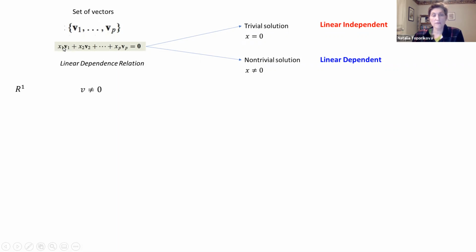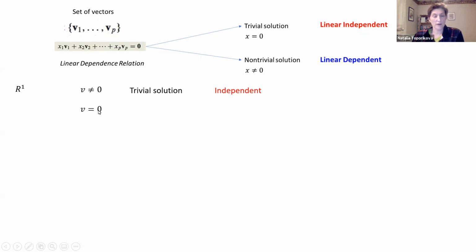If our vector v is non-zero, then the only way to get the solution of x1 v1 equal to 0 is if x is actually 0, so the system can have only a trivial solution. By definition, this means that our non-zero vector is linearly independent of itself.